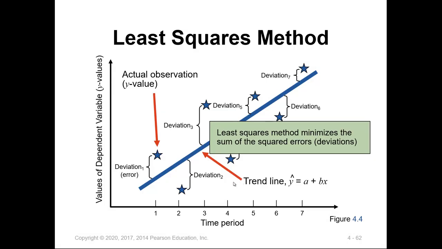The least squares method minimizes the sum of the squared errors or deviations from the actual observations, and uses the formula to create the trend line as shown in the graph.